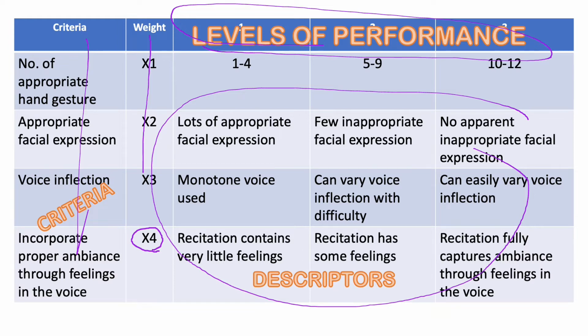What is written here is described: lots of appropriate facial expression, here few inappropriate facial expression, and here no apparent appropriate facial expression. So if you are judging, you already know where to put your ratings because there is a descriptor, or the specific description of the level of performance plus the criteria.